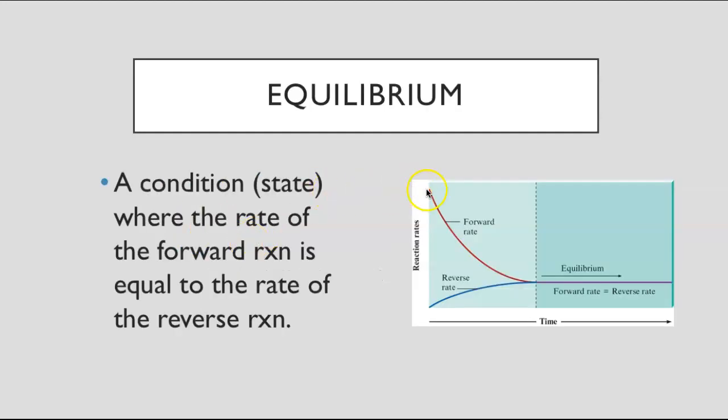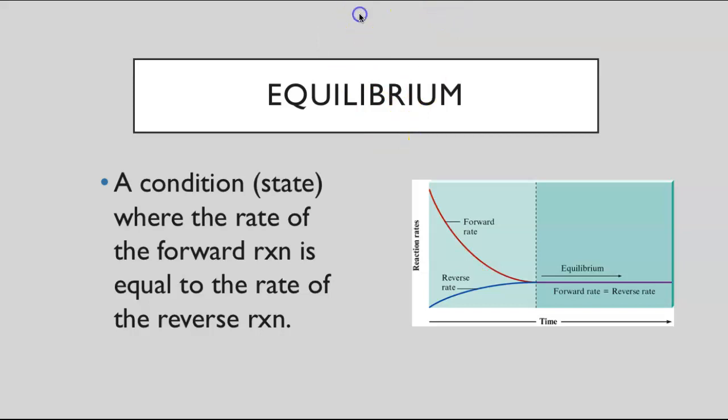So if you look at the rate of the forward reaction, it's going to start out at a certain point, and then as it proceeds, it's going to slow down. So let's erase that.